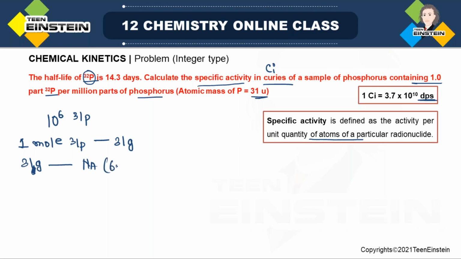Avogadro number is 6.023 into 10 to the power 23. So 31 gram is the mass of this number of atoms. Now if it is 1 gram, then the number of atoms will be Na divided by 31.